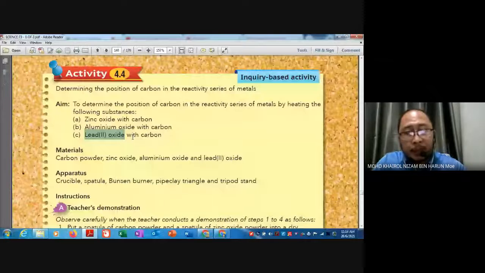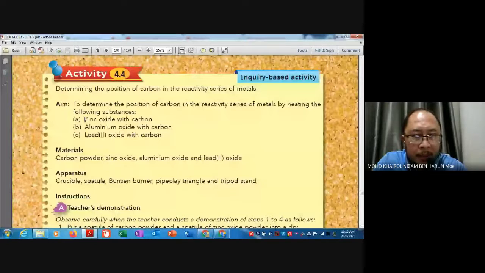By doing this, we study the reaction between carbon and three metal compounds. We call these metal compounds because zinc oxide, aluminium oxide, and lead(II) oxide are compounds.